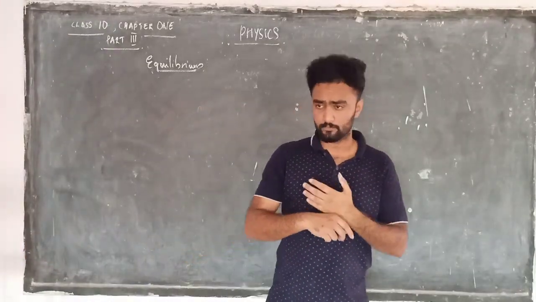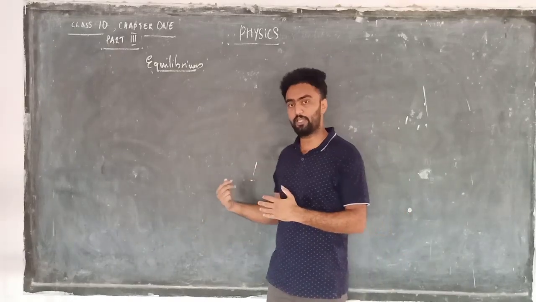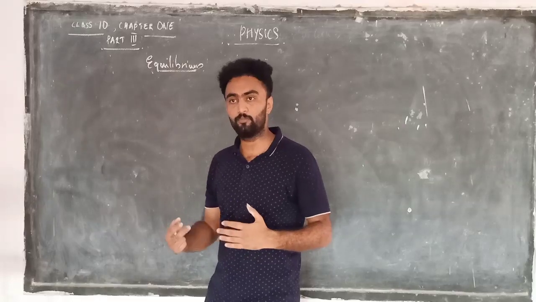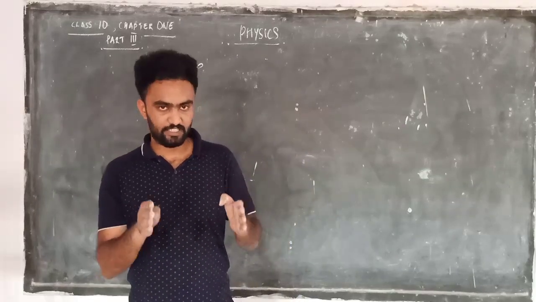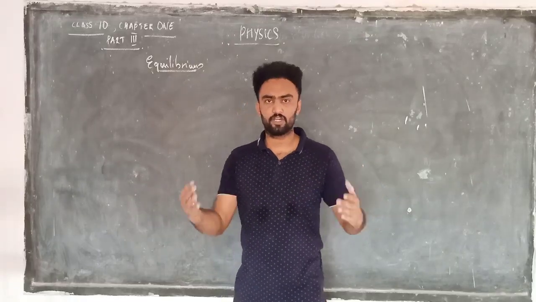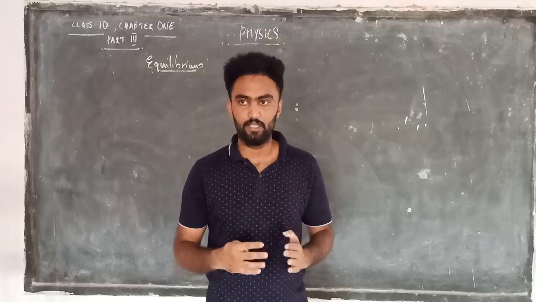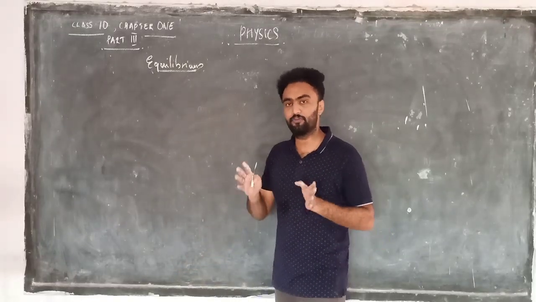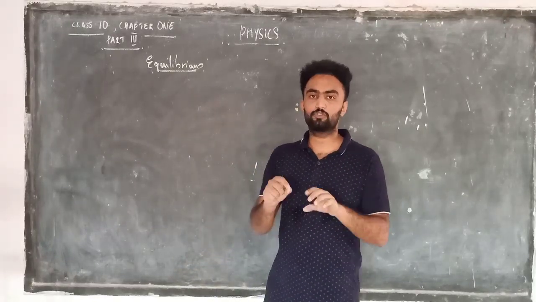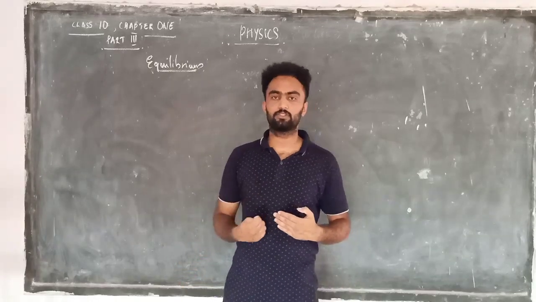So if no force is acting on a particular body, then we can say the body is in equilibrium. At the same time, if a body is not changing its state of rest or uniform motion even on the action of some external force, then we can call that body to be in an equilibrium state. Which means if the net resultant force acting on that body is zero, then we can call the body is in equilibrium state.